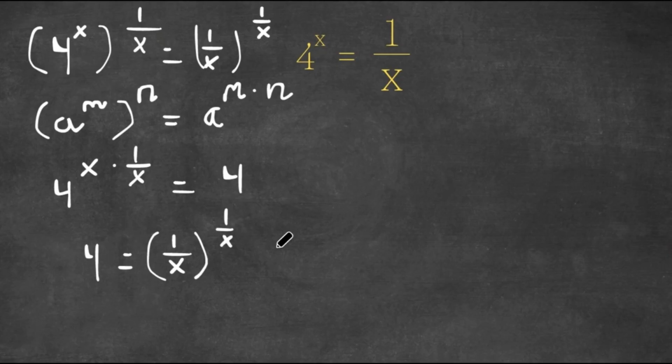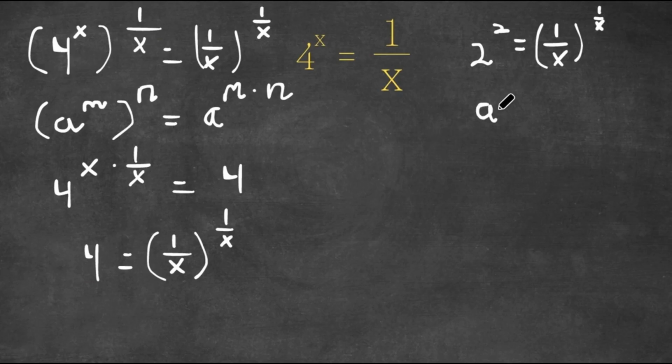Now 4 is equal to 2 squared. So now I have 2 squared is equal to 1 over x to the power of 1 over x. And if we have something in the form a to the power of a is equal to b to the power of b, this means that a is equal to b.